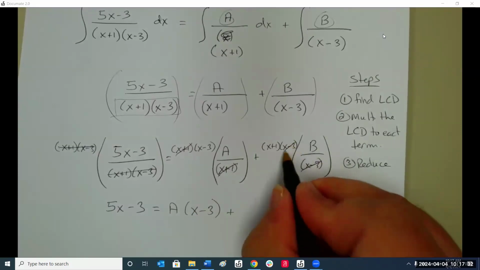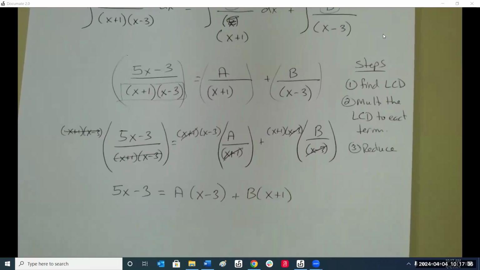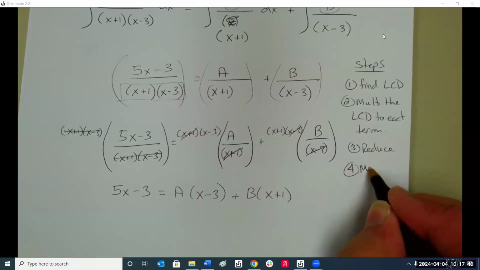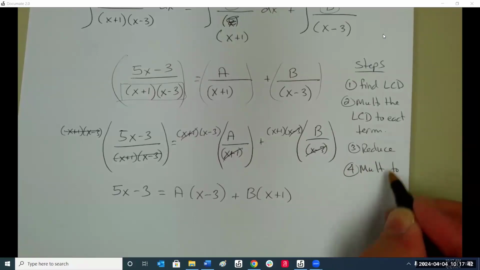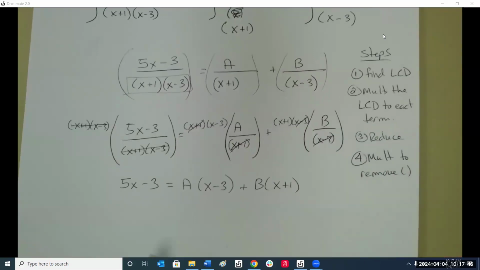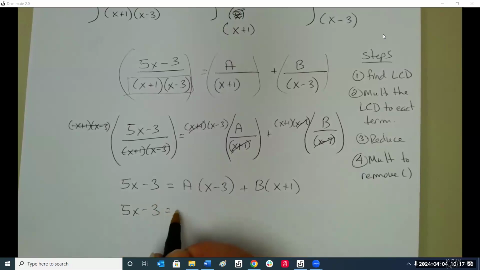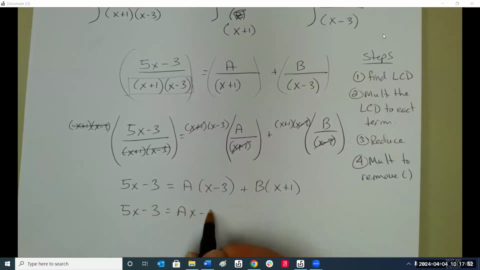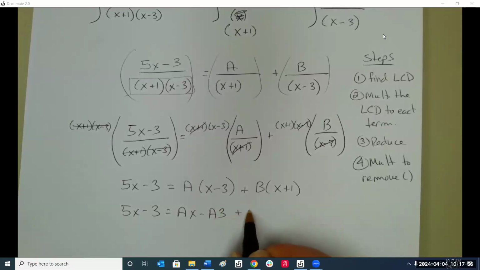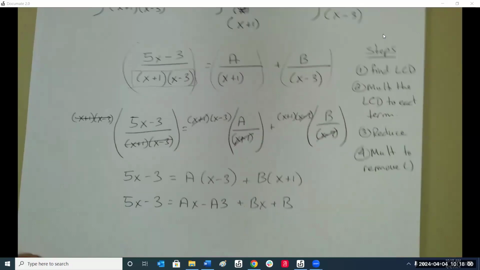The x minus 3 cancels, so we have B times x plus 1. Multiply to remove the parentheses. We have Ax minus 3A plus Bx plus B.